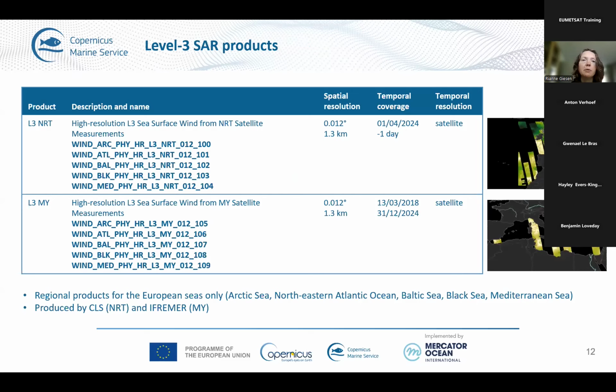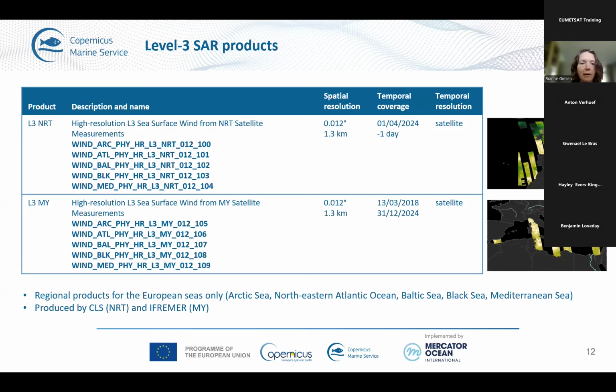Then there are also SAR products in the Copernicus Marine Service. These are level 3 products with a very high resolution of about 1 kilometer. These are regional products, so they're only available for the European seas, and they are produced not by KNMI, but by CLS and IPMA.